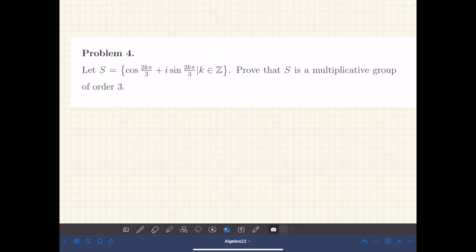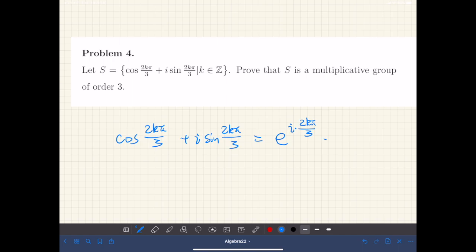Okay, so let's consider this set of complex numbers, cosine 2kπ over 3 plus i sine 2kπ over 3. Using Euler's formula, this is equal to exponential of i times 2kπ over 3.